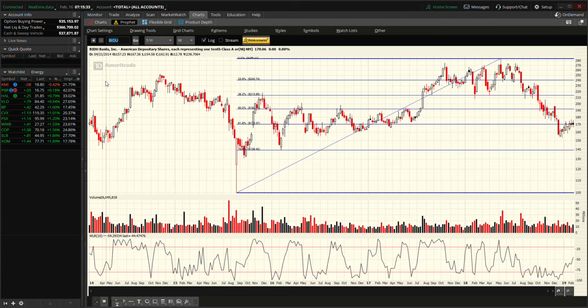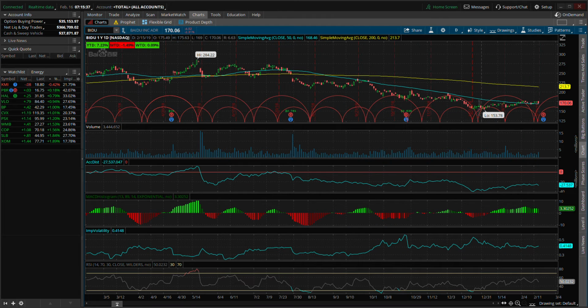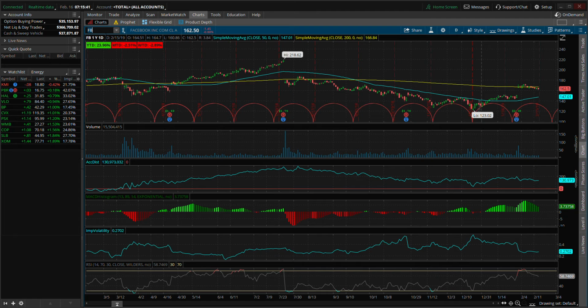Next one, let's do Facebook. This looks bearish to me at the moment, but again, nice cycle patterns here.